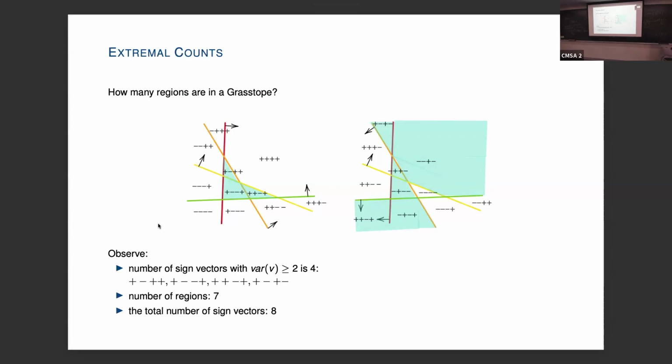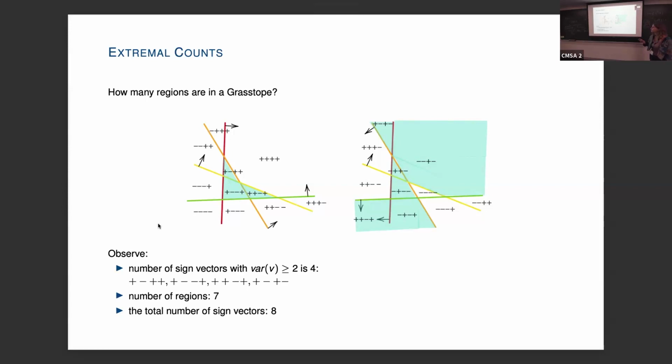Okay, so now I'll move on to some combinatorial questions that are motivated by this study. So one question we can ask, I guess now the way that we can easily get Grasstopes is we just draw a hyperplane arrangement, give them orientations and an order, and then we can just write down the sign vectors and fill in the regions with the correct sign variation.